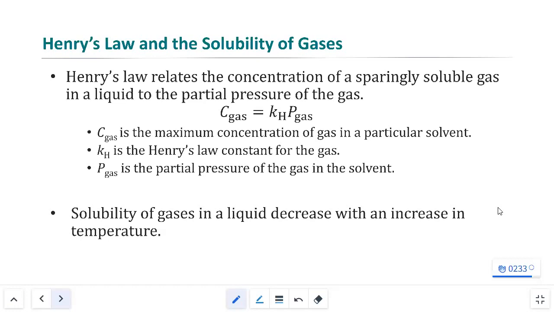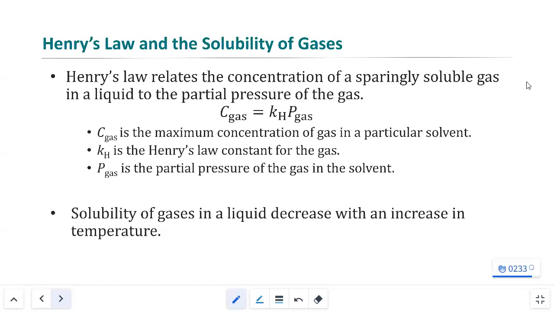What Henry's law concerns is the solubility of gases in solution. And it's a relatively simple relationship. The higher the pressure above the solution, the more soluble the gases are. That's it. The higher the pressure, the more soluble the gas is going to be.